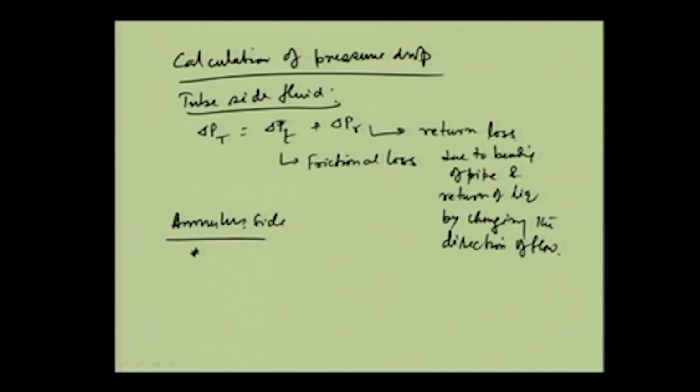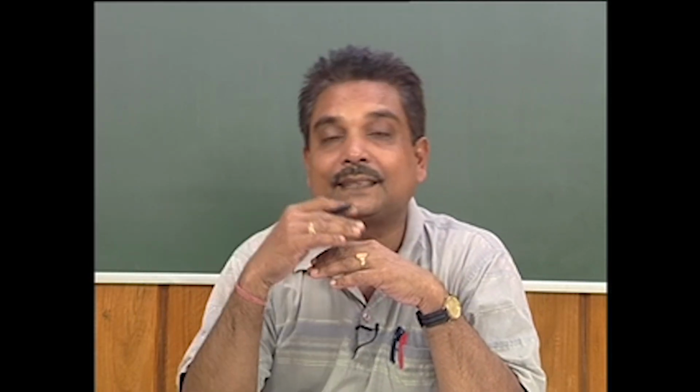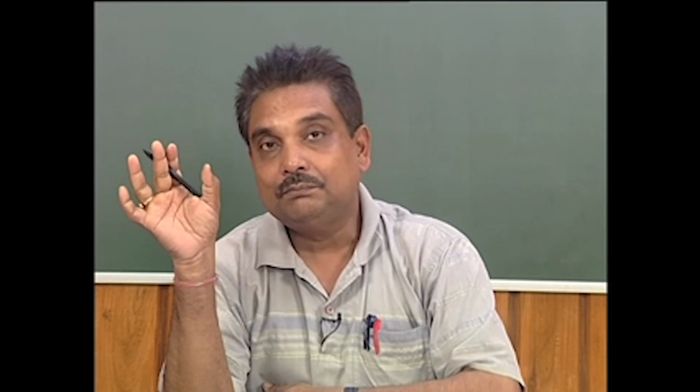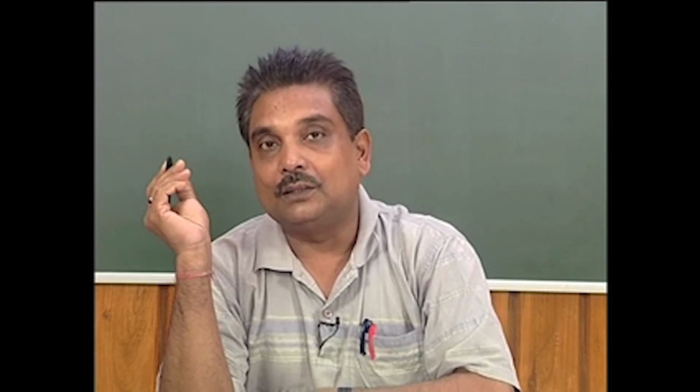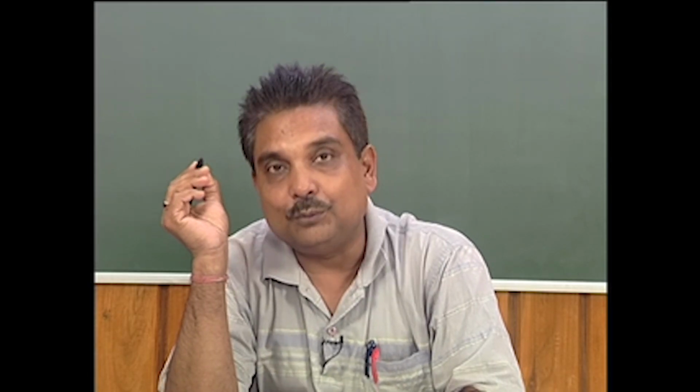So, annular side, again that D equivalent. That means here we have to take that because during the pressure drop the frictional loss can happen for the fluid touching the inner surface of the outer pipe, and therefore that has to be taken care of, and therefore that D will be different.